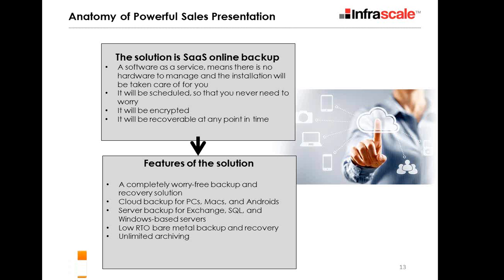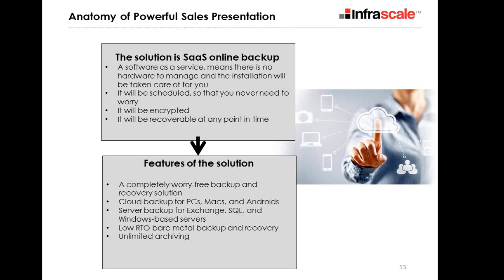So then a couple features of the solution, you really want to tailor those features to them. A couple examples: a completely worry-free backup and recovery solution, cloud backup for all of their workstations, PCs, Macs, all their endpoints, Androids, iPhones, smartphones, tablets, server backup for Exchange, SQL, Windows-based servers, also now Linux and Unix and VMware.